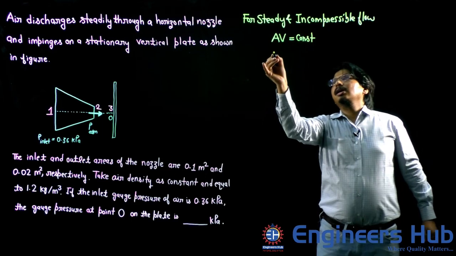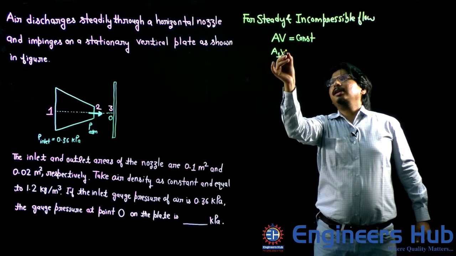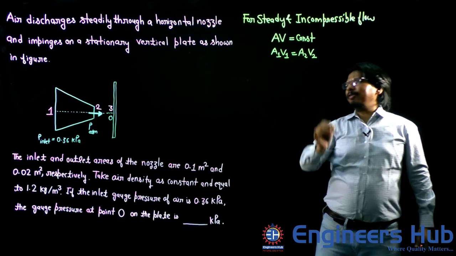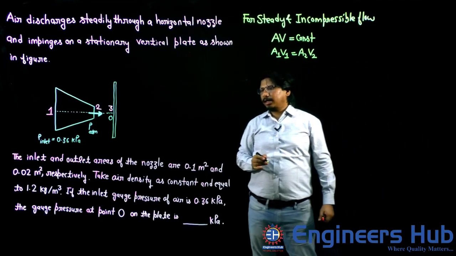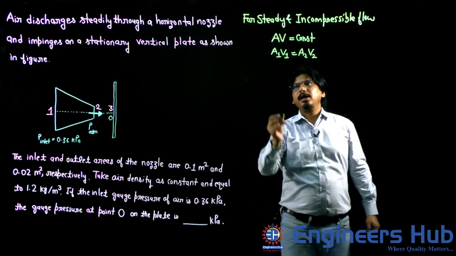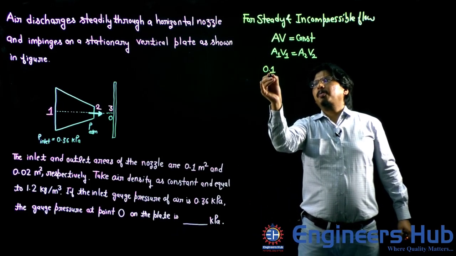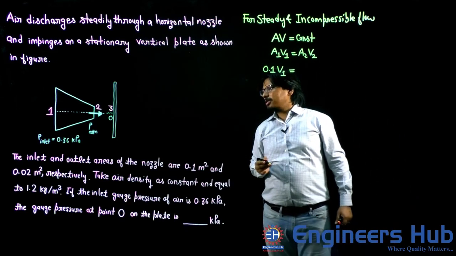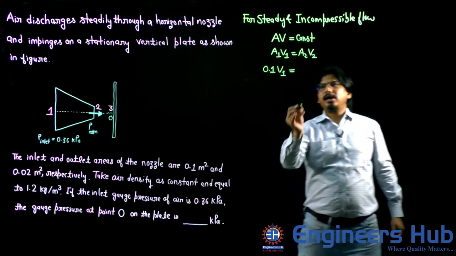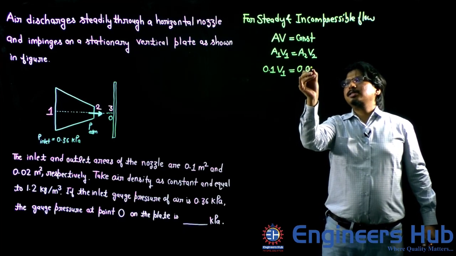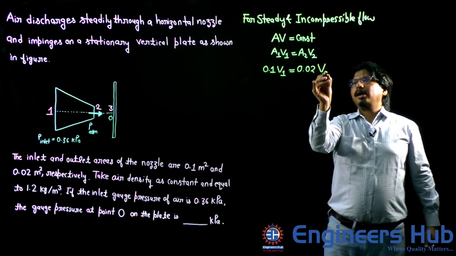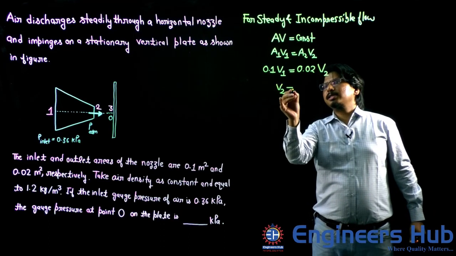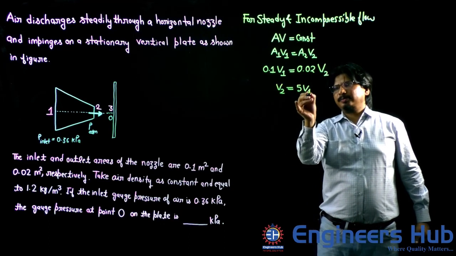So of course A1 V1 is equal to A2 V2. A1 is given as 0.1 meter square, so 0.1 V1 is equal to A2, and A2 is given as 0.02 meter square, so 0.02 into V2. So from here we can easily observe V2 is coming 5 times V1.